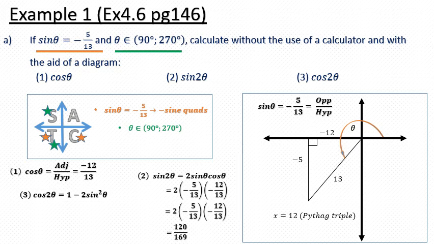So if I am using the information given to me in the question, then I am minimizing my risk of substituting incorrect values into my formulae. So this is why I've chosen the 1 minus 2 sine squared theta. Substitute the opposite over hypotenuse value in the place of sine. Don't forget to square it, and we end up with a negative 119 over 169.